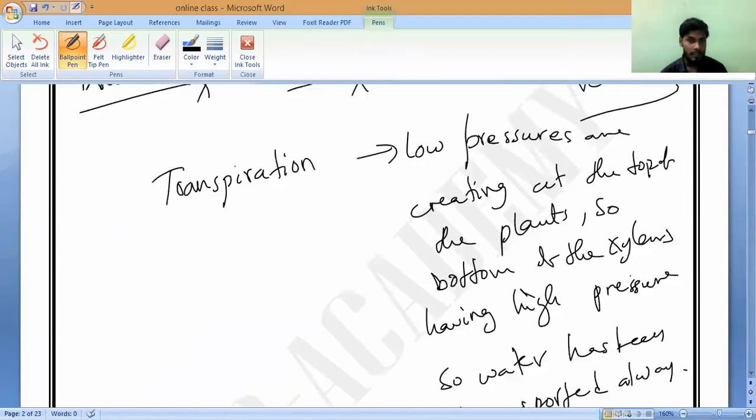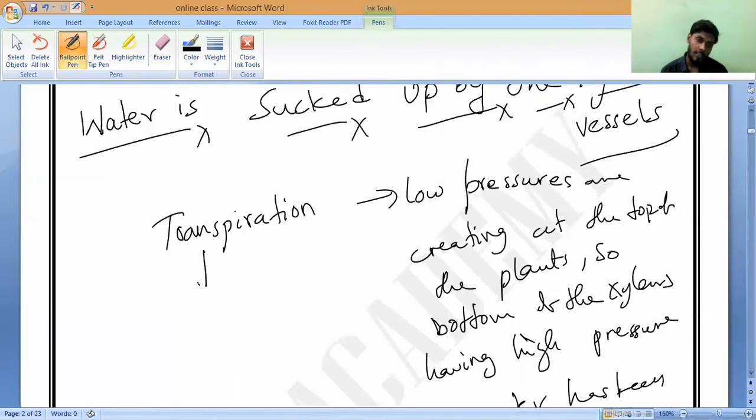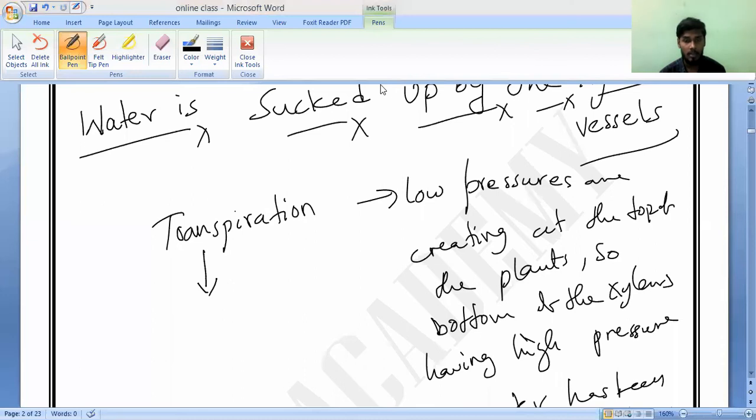Now, what is this transpiration? Transpiration is a process of evaporation. Evaporation of water from the plants is known as transpiration. Correct or not? So write it.